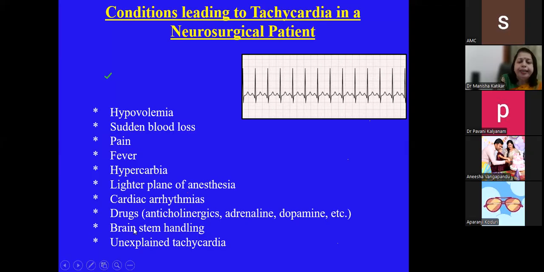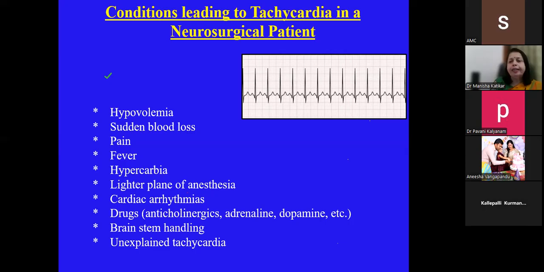Then it can be because of convulsions that the patient might be getting intraoperatively. If you cannot explain the tachycardia that occurs intraoperatively, then label it as a convulsive episode that is going on, because we are not monitoring EEG in such patients. So give top-up doses of anti-epileptic drugs, sedate the patient with midazolam.